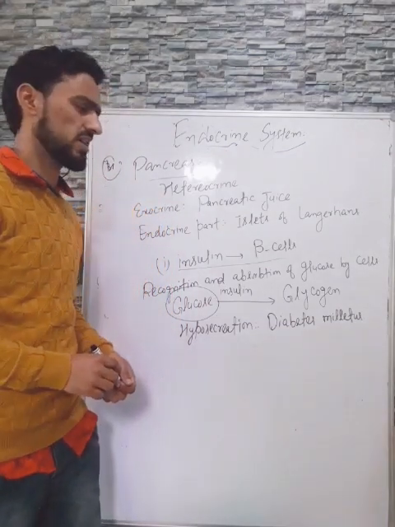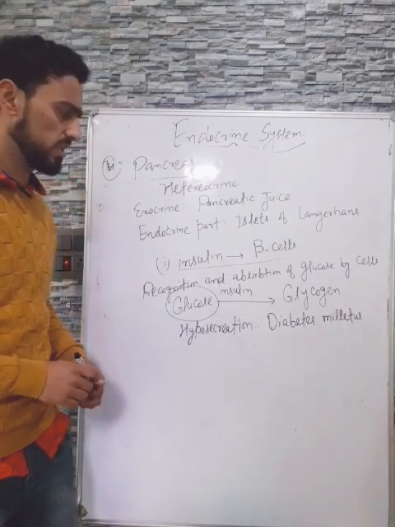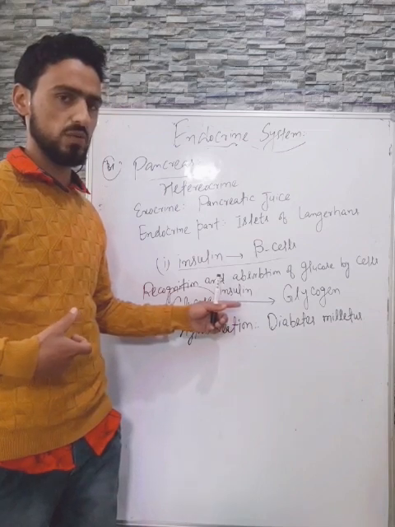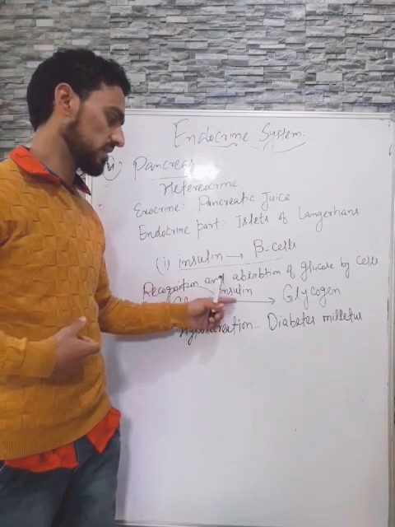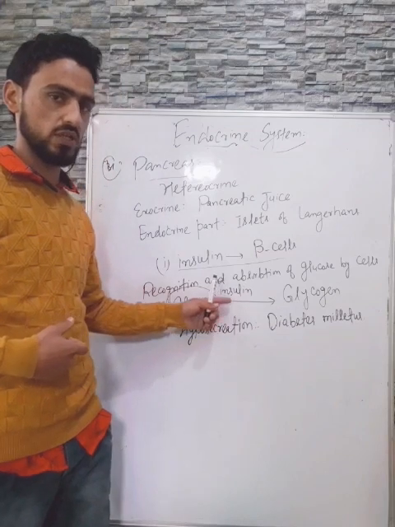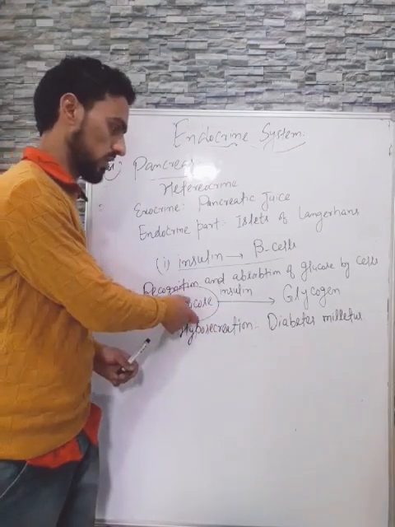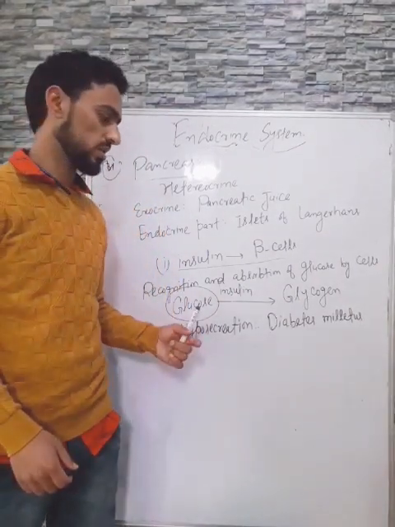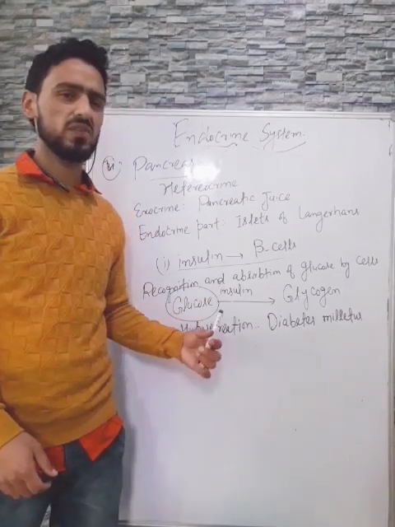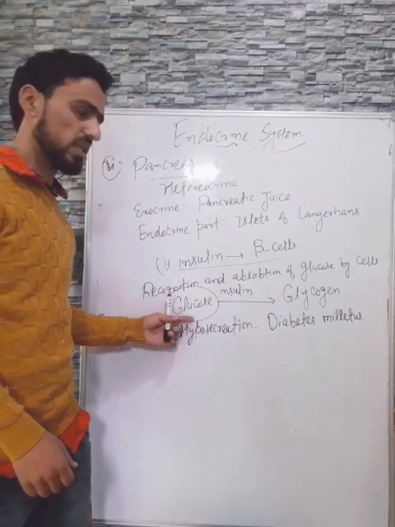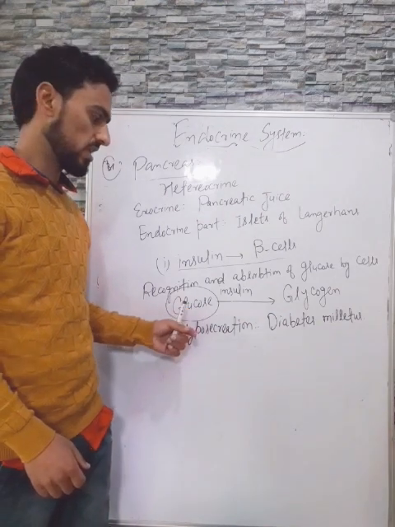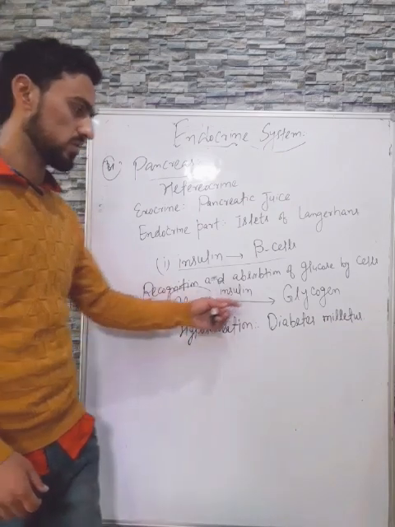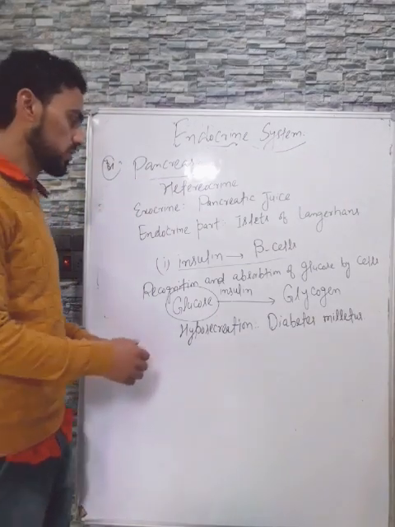And a sugar patient is treated simply by injecting insulin. They give injections in their abdomen, and that is the insulin hormone. With the insulin injection, the extra glucose gets converted into glycogen. We also recommend that the diabetic patient consume a diet having less glucose and fewer carbohydrates, because they have a problem of not converting the glucose into glycogen. And this is about the hormone known as insulin.